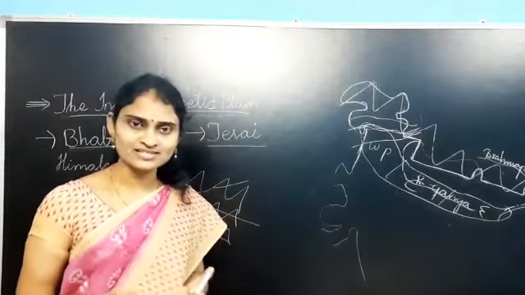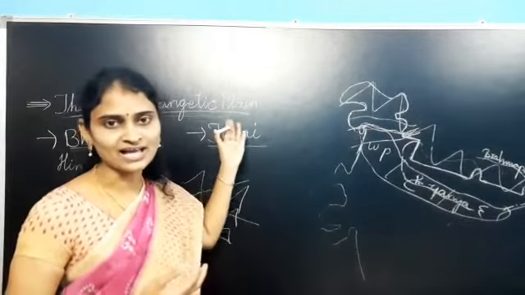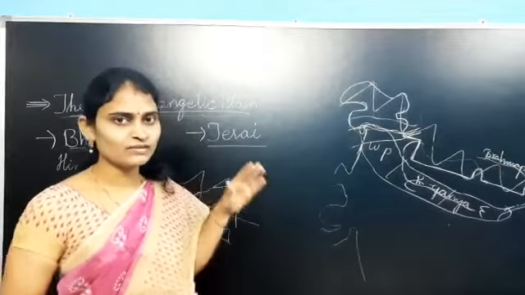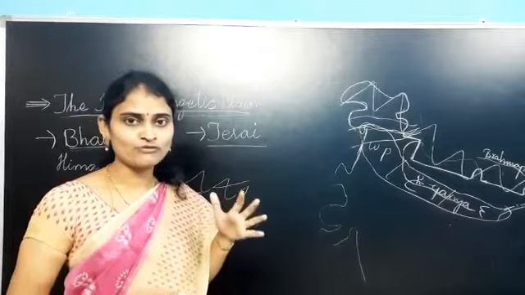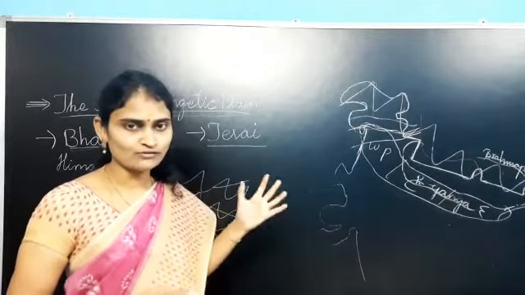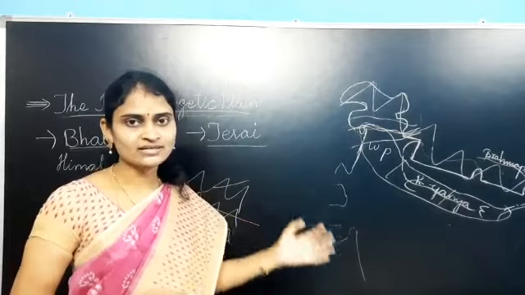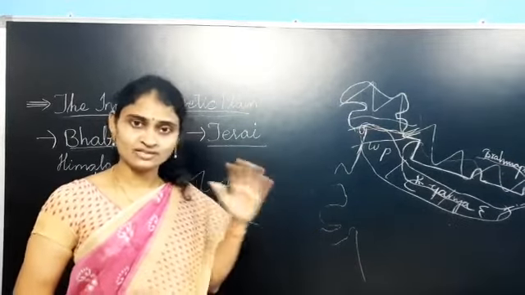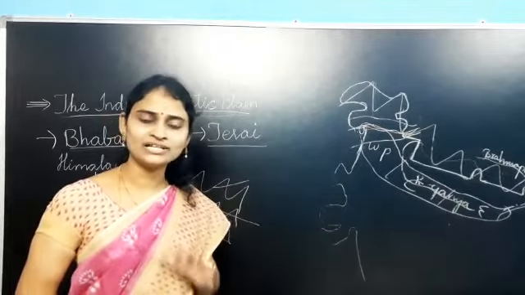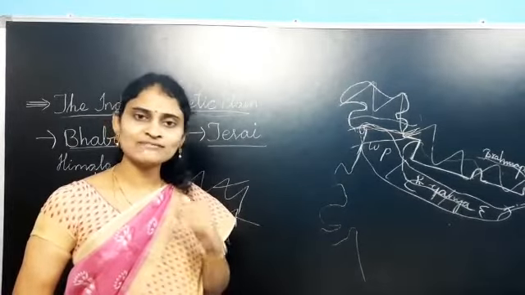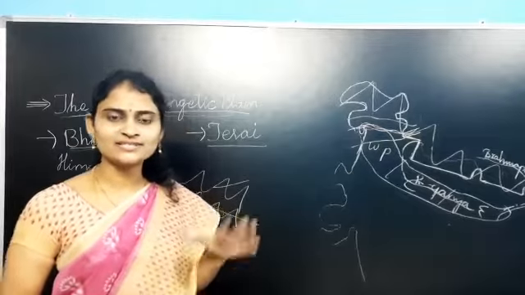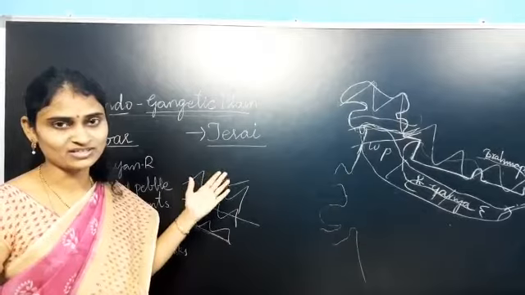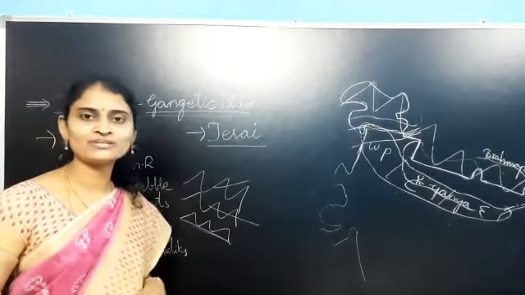What are the reasons? Because fertile alluvial soils are formed here due to these rivers, and these soils are useful for cultivation. This region is suitable for cultivation, and water is available throughout the year. That is the reason we can find high density of population in the northern plains, in the Indo-Gangetic plains.